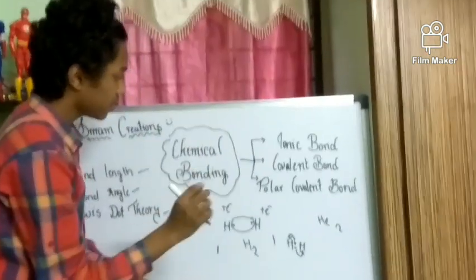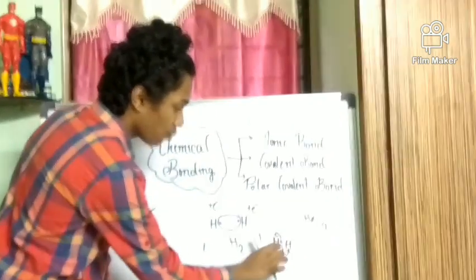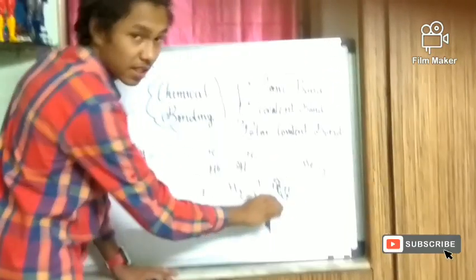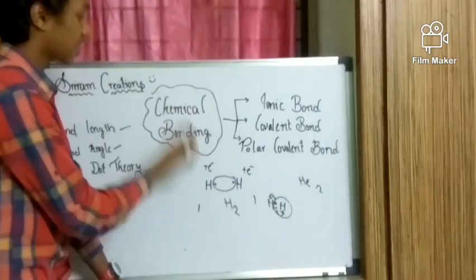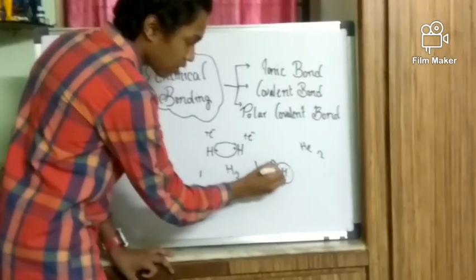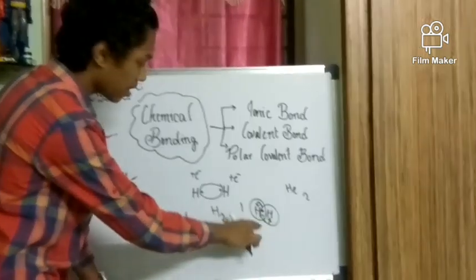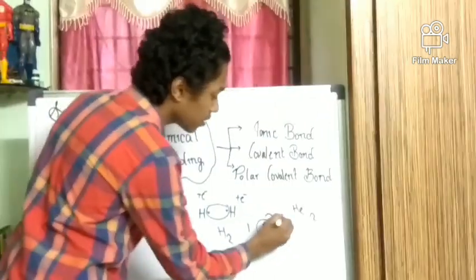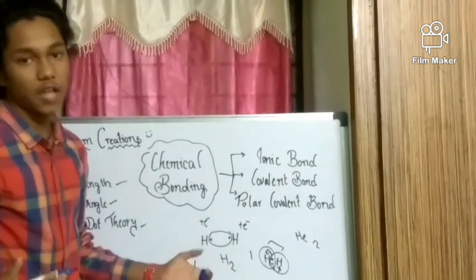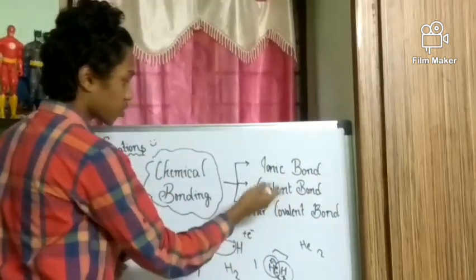Now both interlink and form a bond, that is covalent bond, and this hydrogen has 2 electrons. As it has formed a chemical bond, this hydrogen even has two electrons. So both have got a stable configuration and both are happy. So that is what covalent bond deals with.